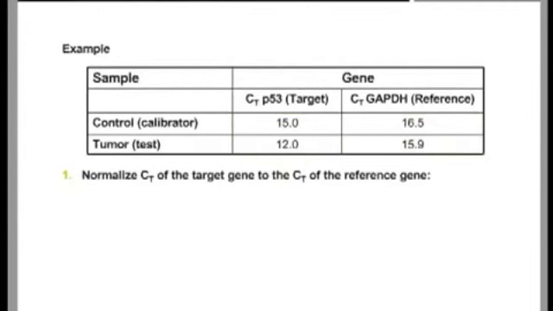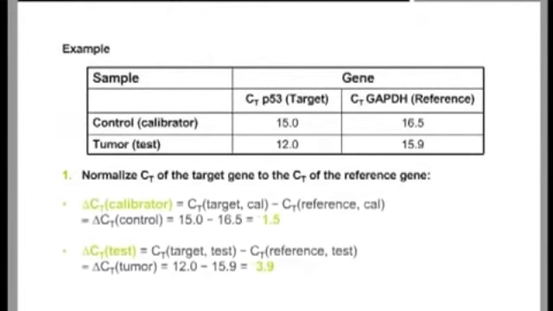Next, the CT values of the target gene in both sample types are normalized against the CT value for the reference gene. To do this, subtract the CT value for the reference gene from the CT value for the target gene. In this example, we obtain negative values for both sample types.